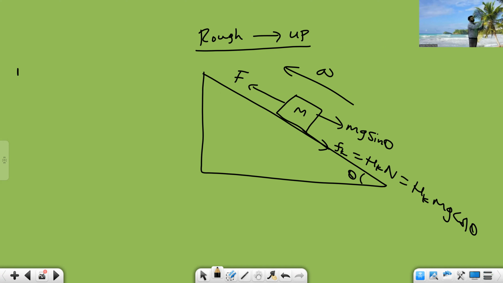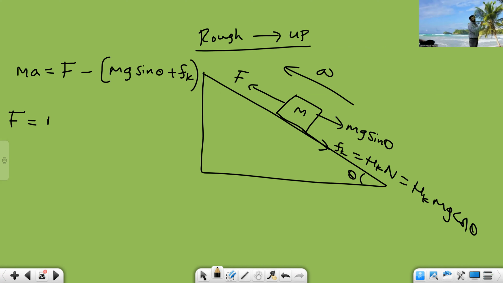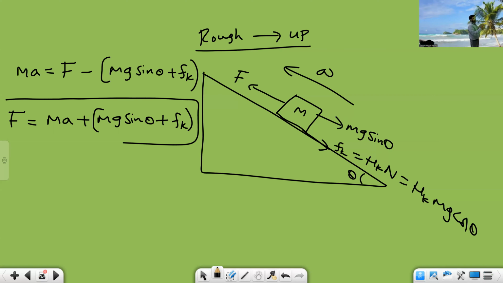Going up means upward force minus downward force. The downward force is mg sin theta plus Fk; these two are acting down. So the force applied on the body to move up gives F minus (mg sin theta plus Fk) equals ma. This is for pulling upward.